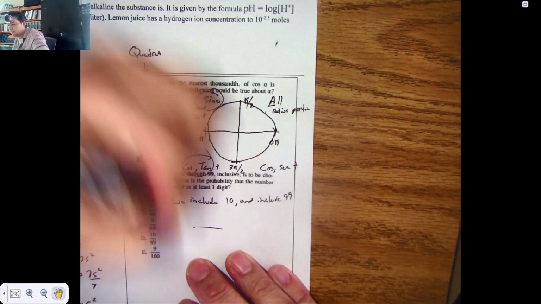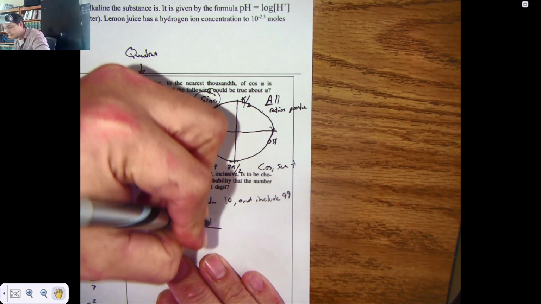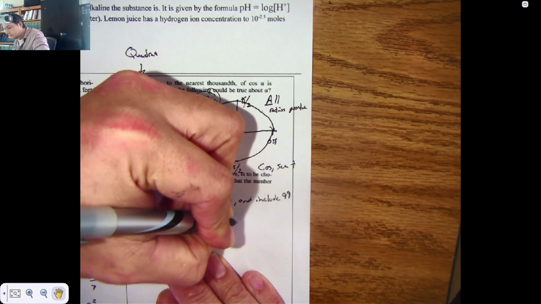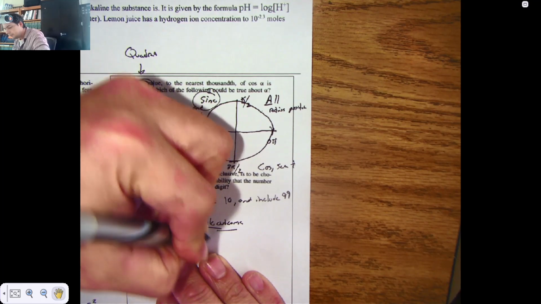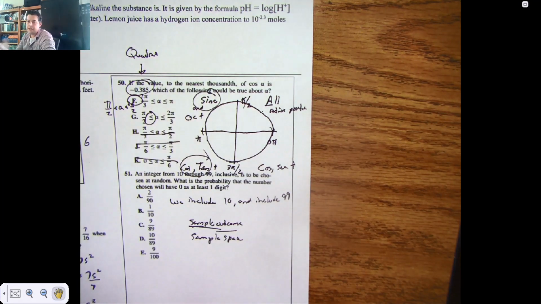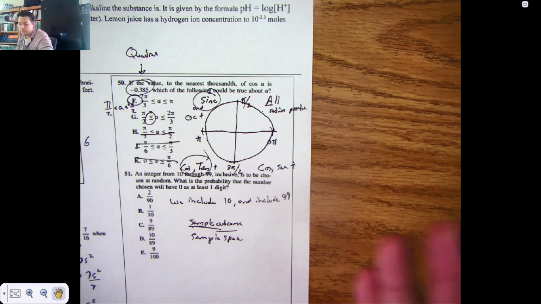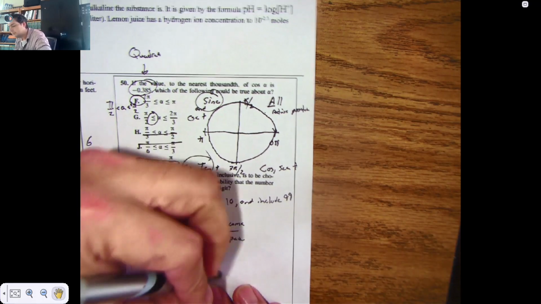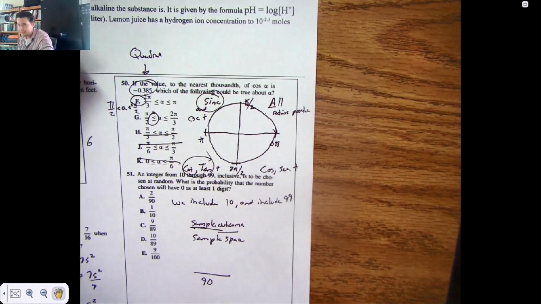Now, when you talk about probability, you talk about the sample outcome over what's called the sample space. For 10 to 99, including the 10 and the 99, you do 99 minus 10, add 1 back. Sample space is 90.